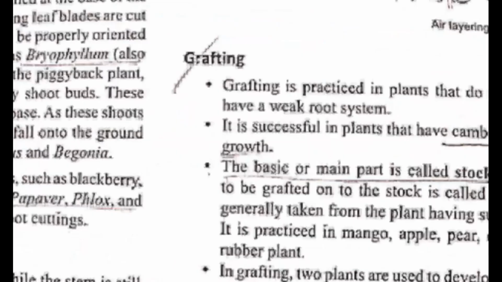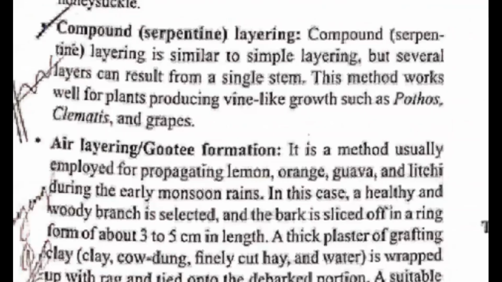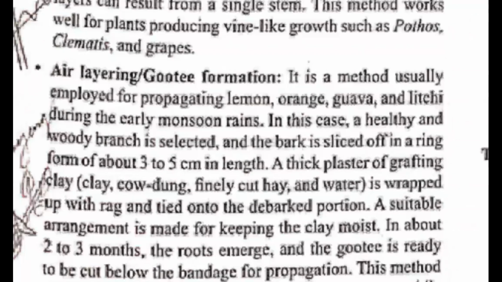And then the third one is called air layering, or gootee. This method is usually employed for the propagation of lemon, orange, guava, and also lychee during the early monsoon rains. In this case, a healthy and woody branch is selected and the bark is sliced off in a ring form.